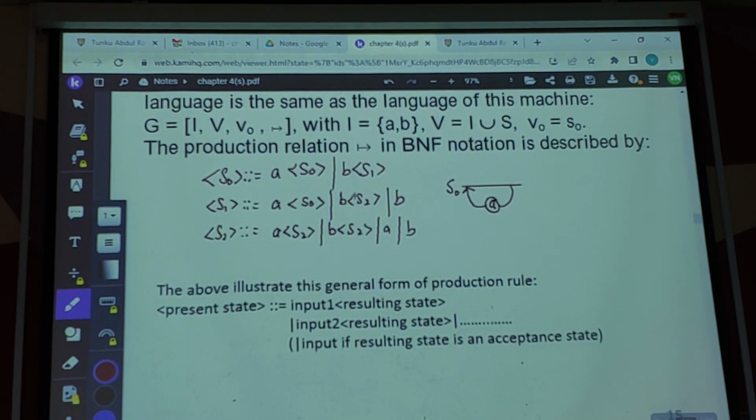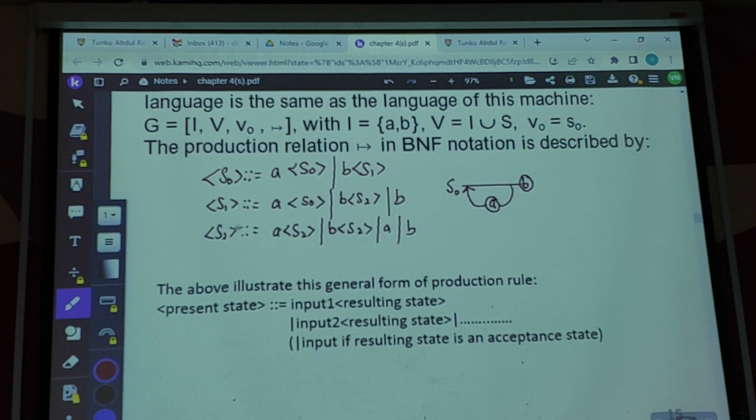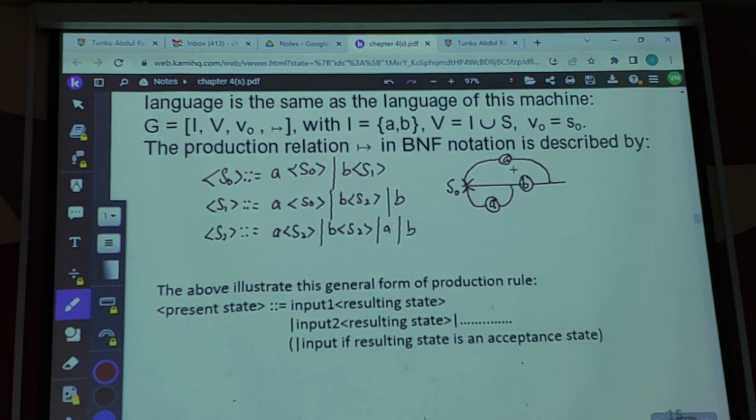Then you can go to B, S1. And at the S1 here, you can go back to S0 again, or you go to B, S2.